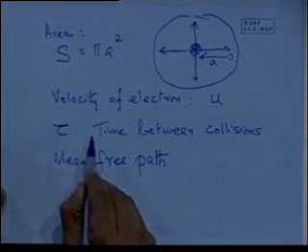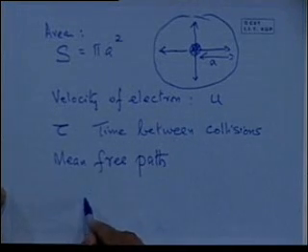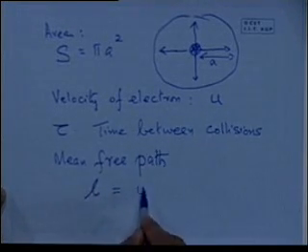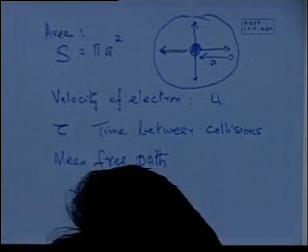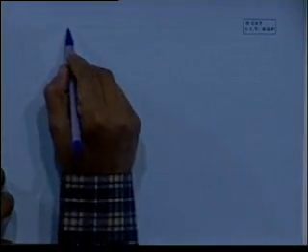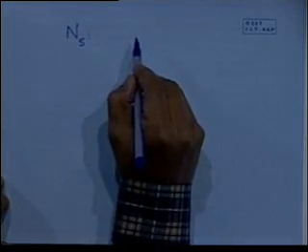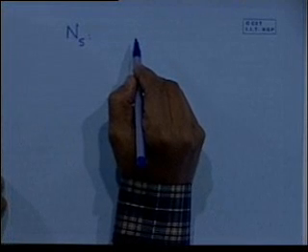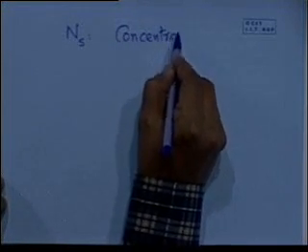The time between collisions is tau, the velocity of the electron is u, so the mean free path L is simply u tau, velocity times the time between scattering. Given that there are ns scattering centers per unit volume, this is the concentration of scattering centers.